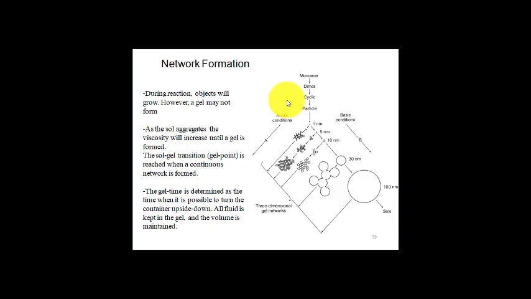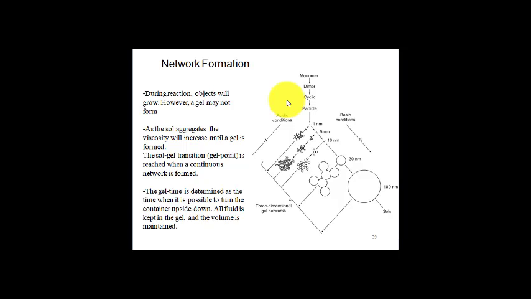The sol-gel transition, which is also called gel point, is reached when a continuous network is formed. The gel time is determined as the time when it is possible to turn the container upside down. It means that if we change the container's side, the fluid will not fall down. All fluid is kept in the form of gel and the volume is maintained.